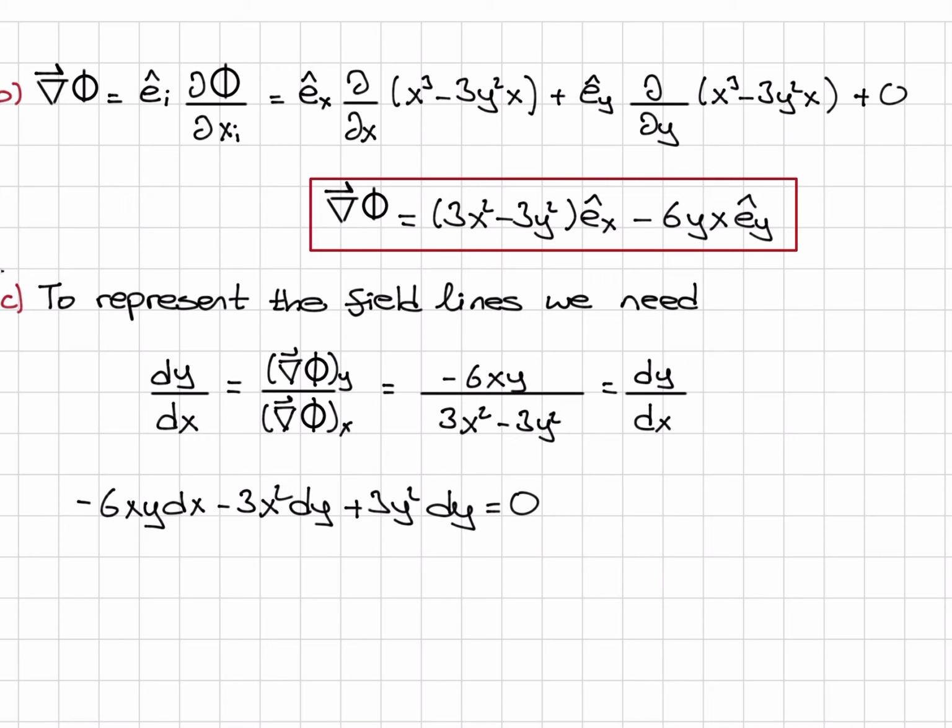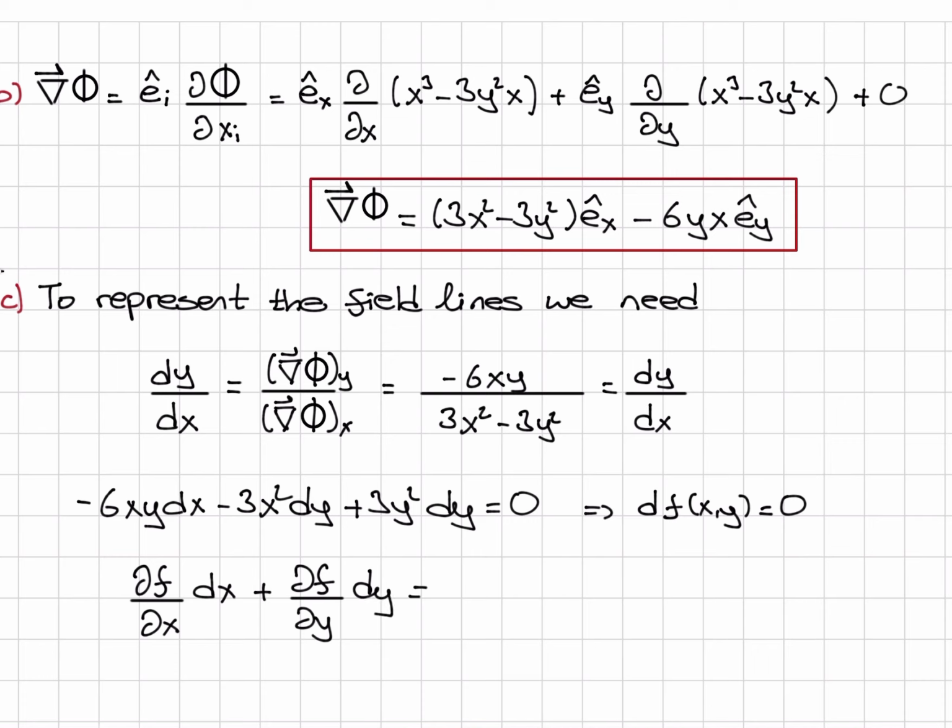Alright, so if you have the differential of a function f of x, y equal to 0, that means we're looking at the partial derivative of f with respect to x dx plus the partial derivative of f with respect to y dy.